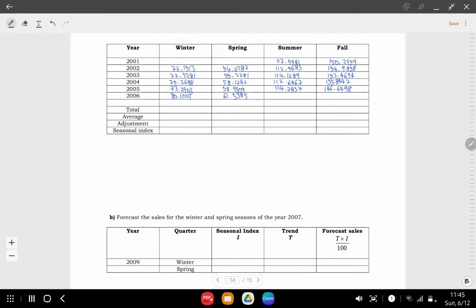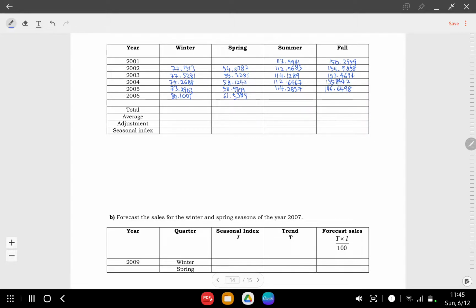Next we need to calculate the total, average, the adjustment or the correction factor, and also the seasonal index. First we need to total by column.